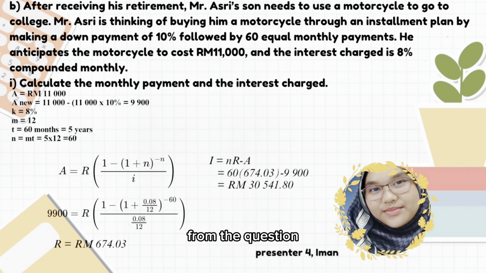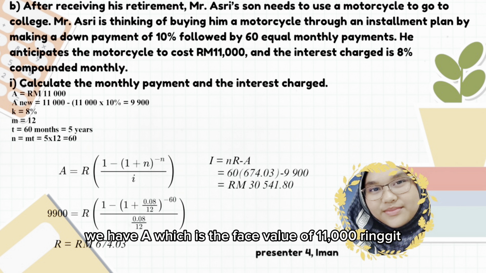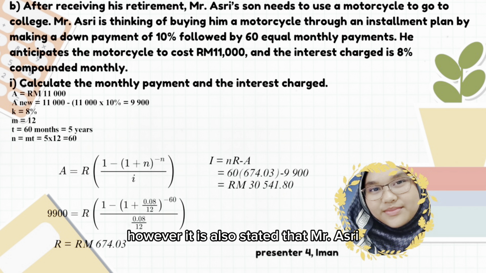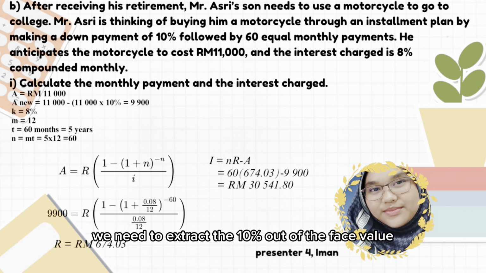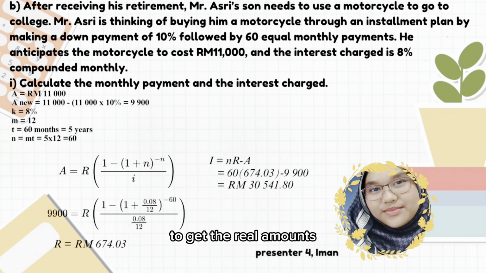From the question, we have A, which is the face value of 11,000 ringgit. However, it is also stated that Mr. Asri made a down payment of 10%, which means we need to extract the 10% out of the face value to get the real amount, which equals 9,900 ringgit.